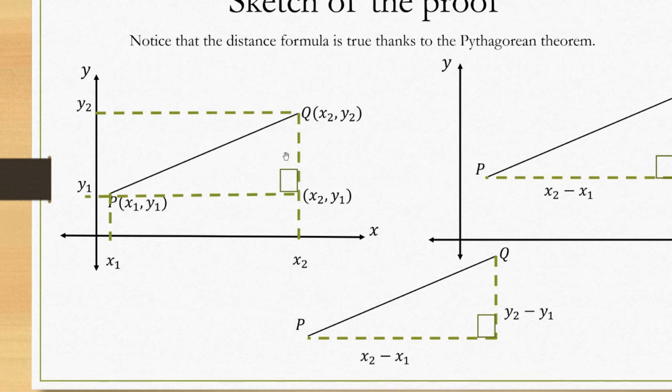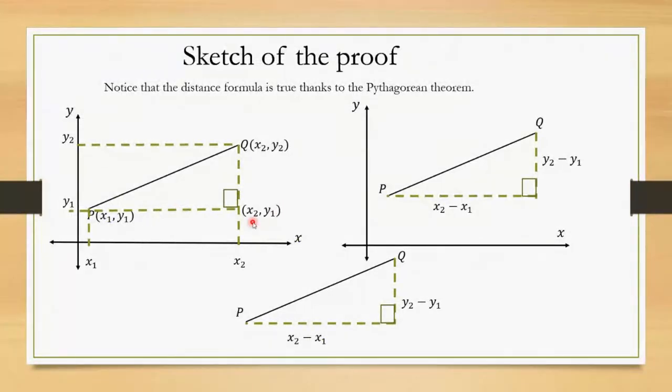Well, what about these line segments? This point over here has coordinates x sub 2, comma, y sub 1. Now, how do I know that? Since this point is vertically under Q, remember, if two points are on the same vertical line, they have to have the same x coordinate.